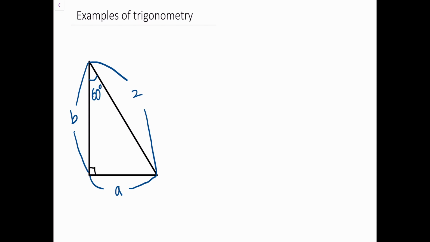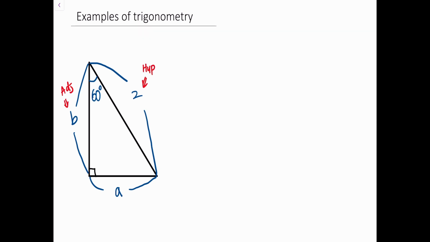We are given a 60-degree angle in the right triangle and can say the hypotenuse is the one with the side length of 2 and the adjacent side is B. There are two sides next to the angle we have, 60 degrees, and the longest side of the right triangle is always the hypotenuse and cannot be chosen as adjacent.